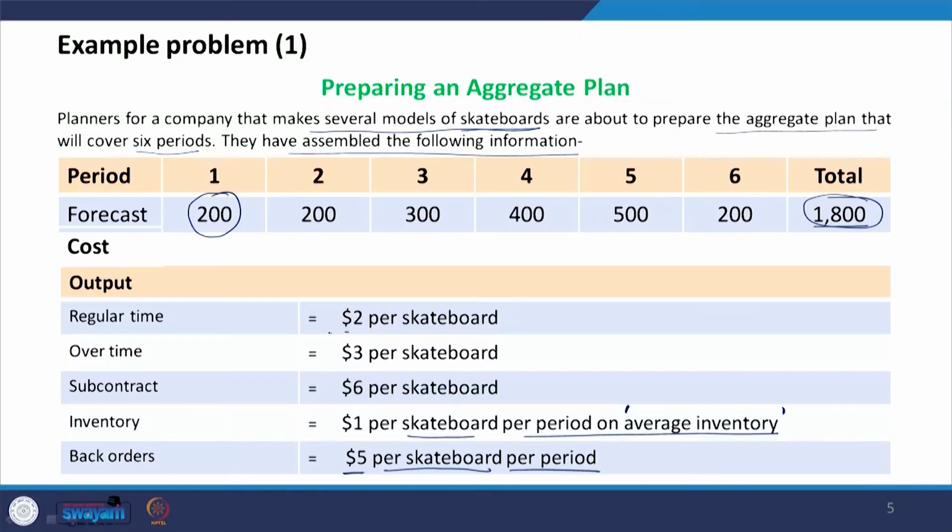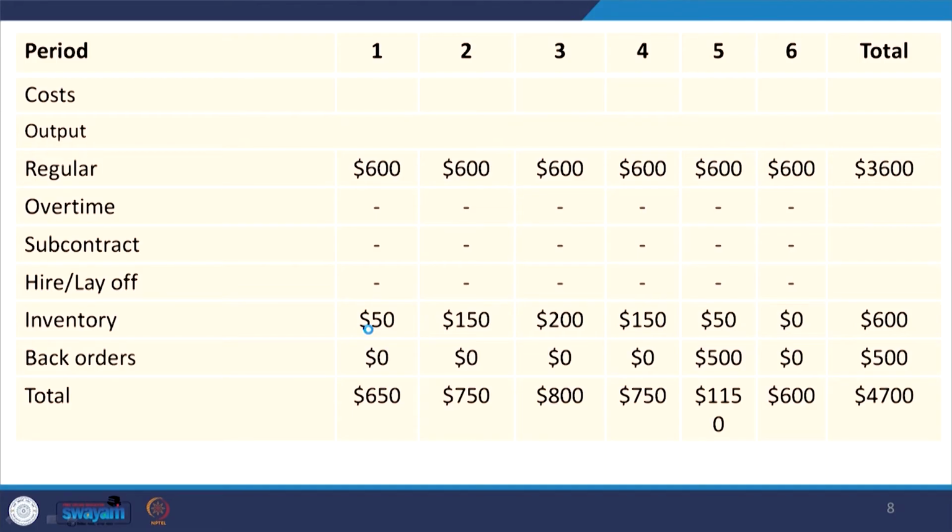Now, let us go to the cost parameters for these different values. So, when we are calculating the cost of all these things, if you remember, the cost of our regular output is $2 per board. Now, in our regular period we are producing 300 boards per period.